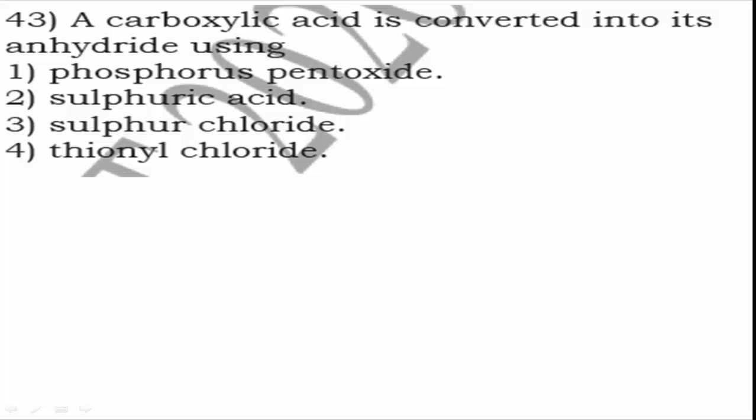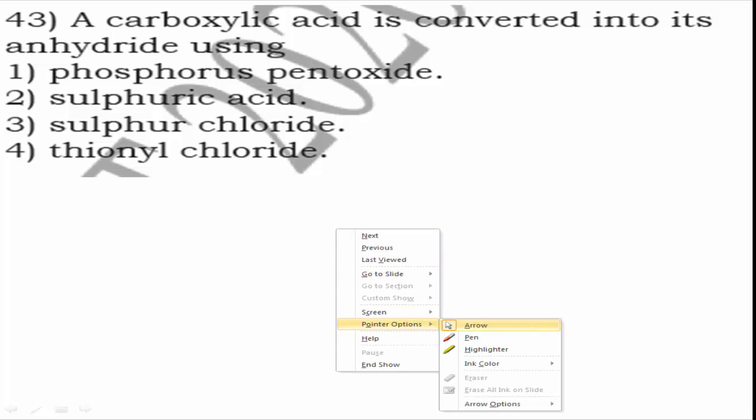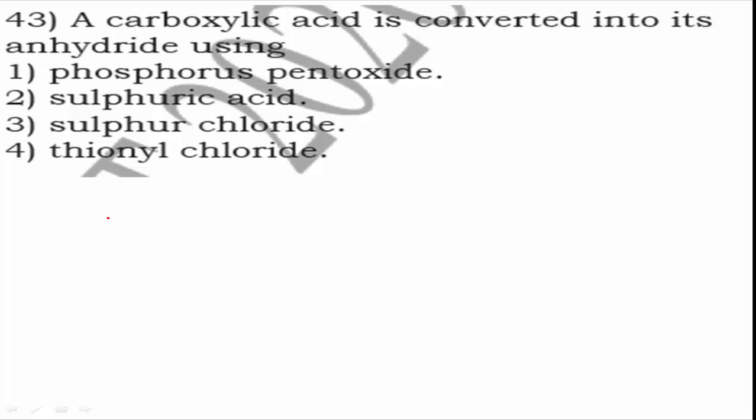Students, the answer for this question is known by using this reaction. What is that reaction? See here. The carboxylic acid RCOOH is converted like this into RCO-O-COR plus H2O.